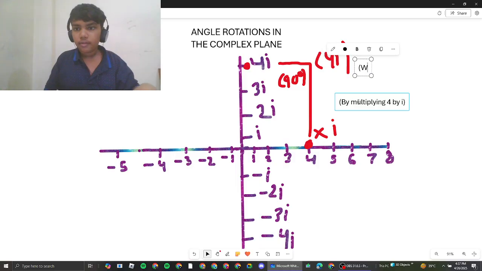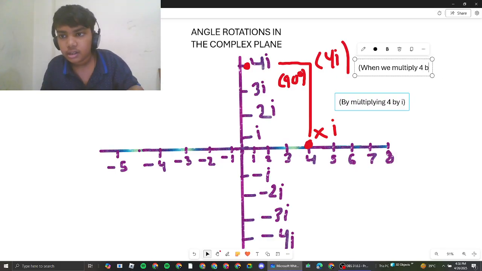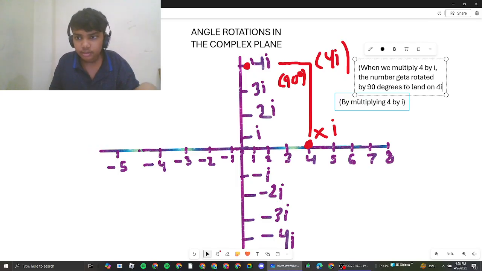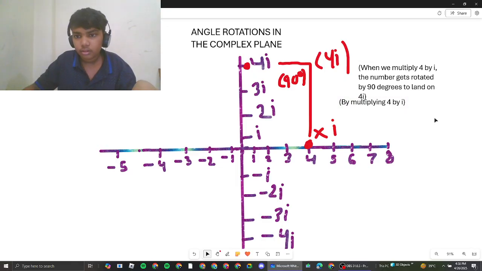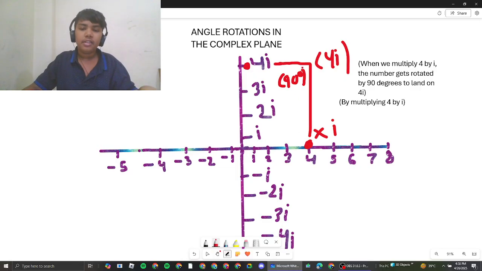So when we multiply 4, or any real number, by i, the number gets rotated by 90 degrees to land on 4i. Understand?